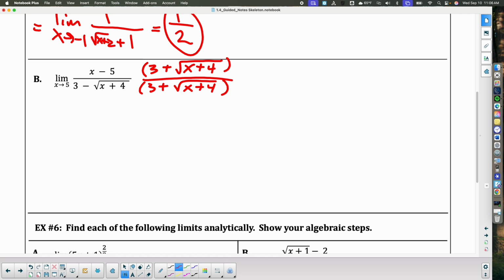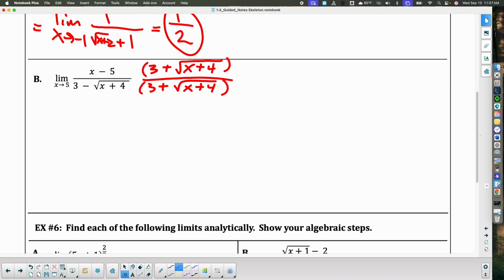Should we be done with it already? We got it. It's not going to be x plus 4. That's why. The negative sign has to distribute out to x plus 4. You multiplied it out, right?